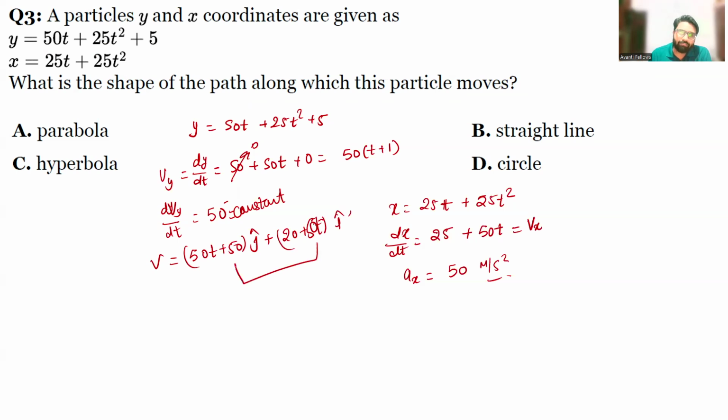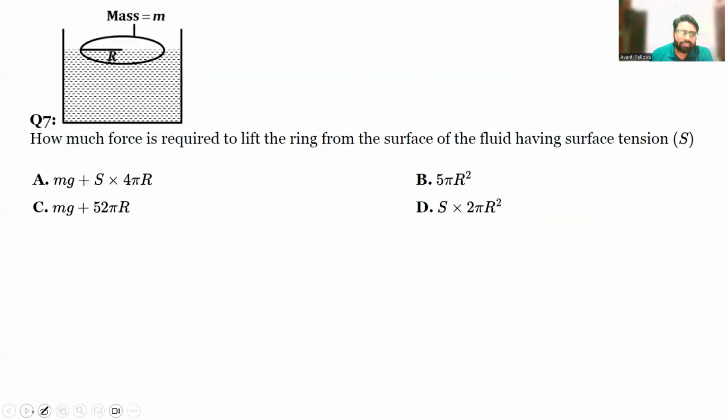So clearly you have components in both x and y direction, and acceleration is also applied. So clearly the path should be a parabola, because this particle is moving in x and y direction. Clear? Now, move to the next question.